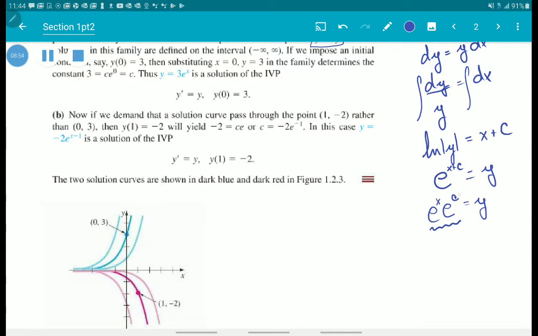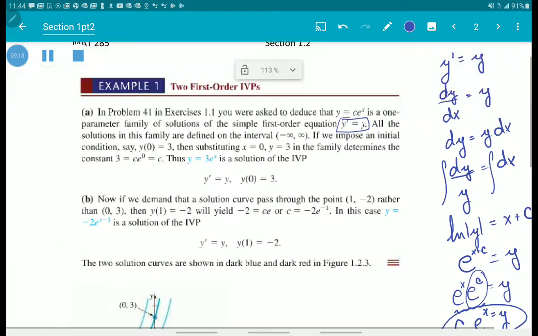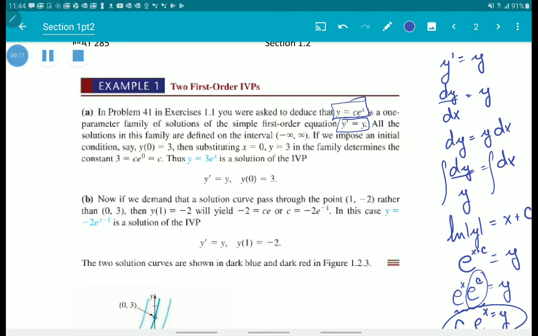And now we have e to the c. Well, e is just a number, so about 2.71. And if we raise a number to a constant power, then we have another constant. So I'm just going to call that c1. c1 e to the x is equal to y. So that's where they're getting this solution from. It's just using that separation of variables idea.